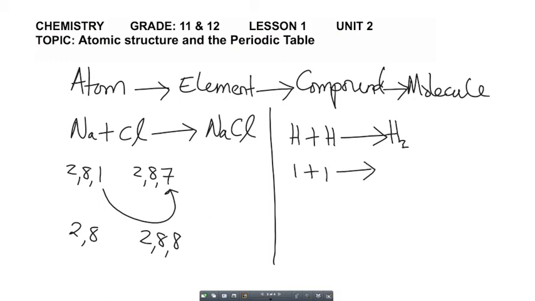this will give us 2 atoms of hydrogen combining. Hence, those electrons that are in the last shell will combine to give us a molecule to stabilize.